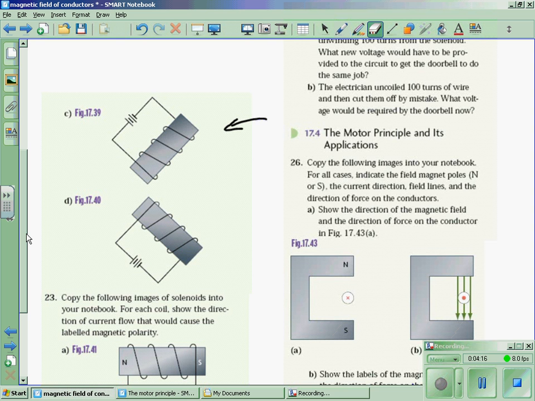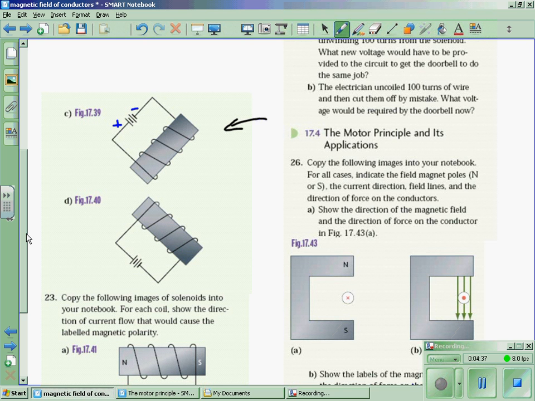Now, before I continue with this, always keep in mind that you should try and label the positive and negative terminals of the battery. If you take a look at the battery itself, you'll always see that the longer line represents the positive terminal, the shorter line, the negative terminal. Once again, we're talking about conventional current flow.